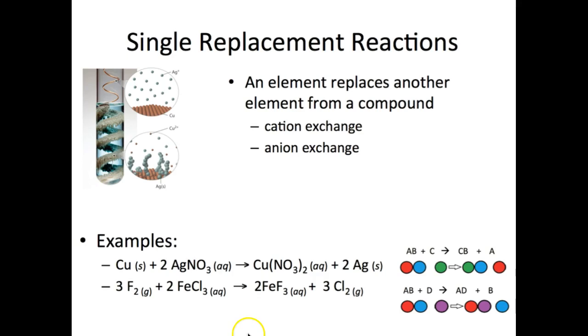Conversely, we see something similar in the anion, but it's again the anion replacing the other anion, kicking it out of the compound, so we get a new element, new compound. So again, as long as you recognize like replaces like, it's pretty obvious what's going to go where.